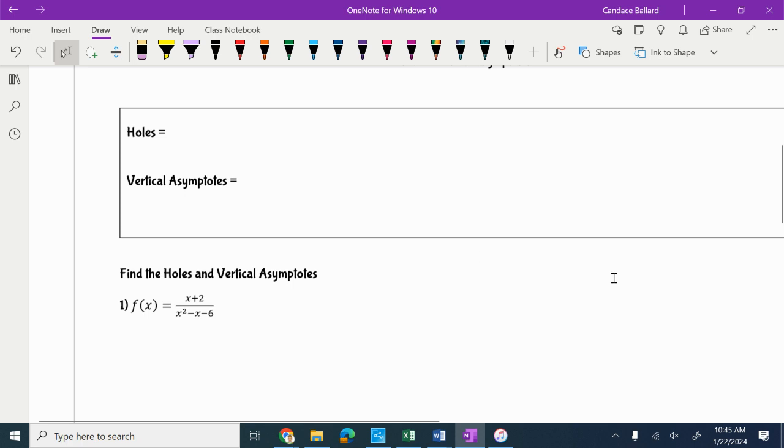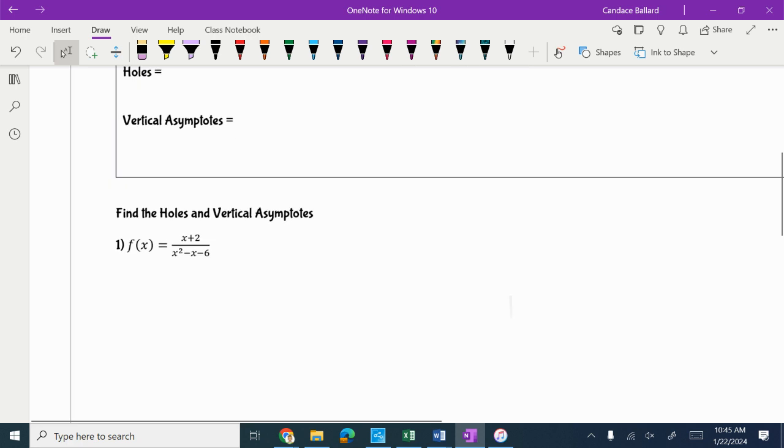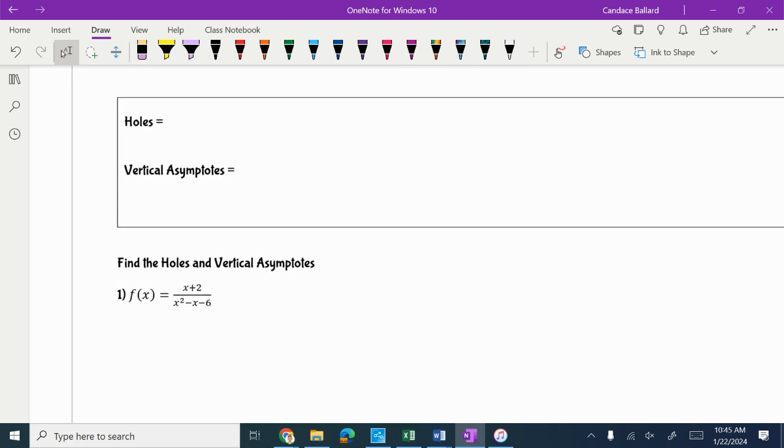So a hole in a graph is when, usually what we do is we factor things, right? Looking at that denominator, it definitely is something that is begging to be factored. So when it factors and we're rational and it cancels, if it cancels, it's a hole. Whatever is left behind in the denominator, we set it equal to 0, and that is a vertical asymptote.